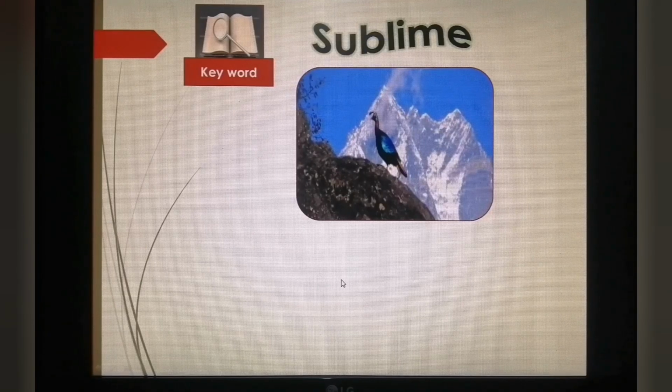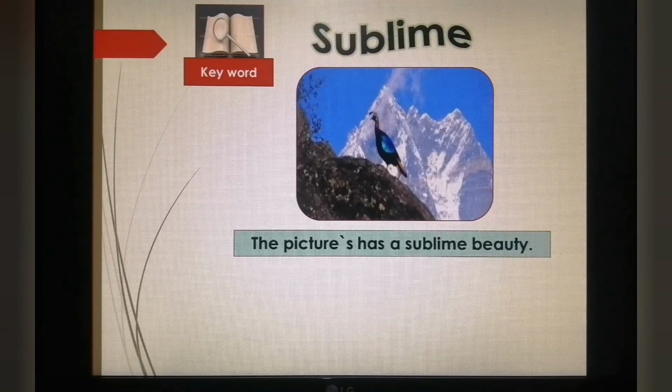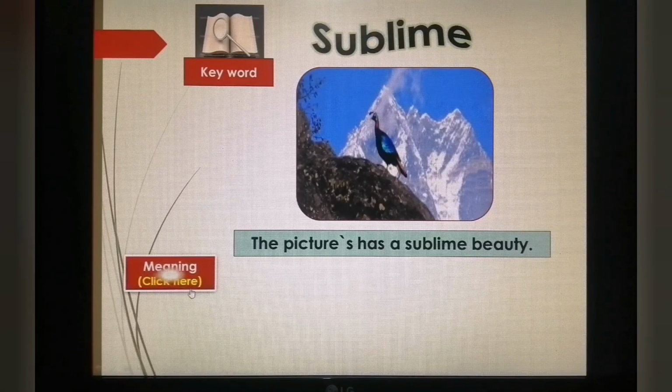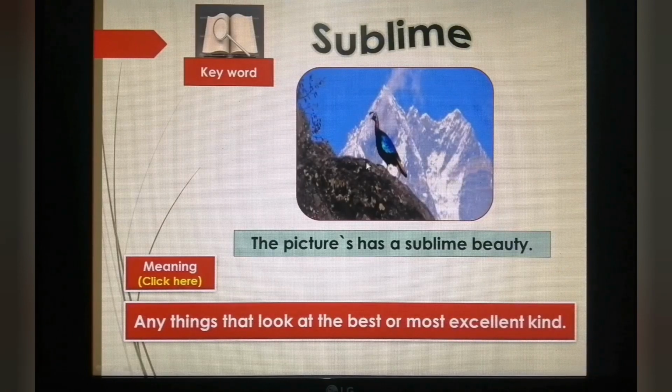Sublime. Students, sublime means heavenly. The picture has a sublime beauty. So sublime means anything of the best or most excellent kind.